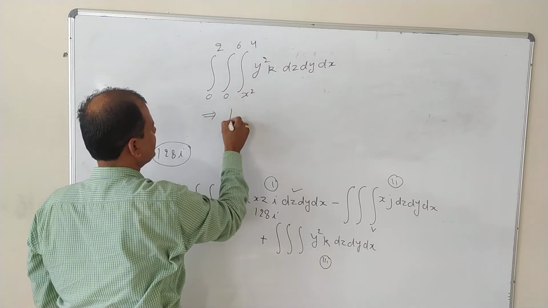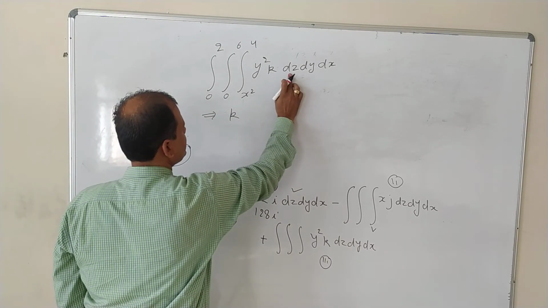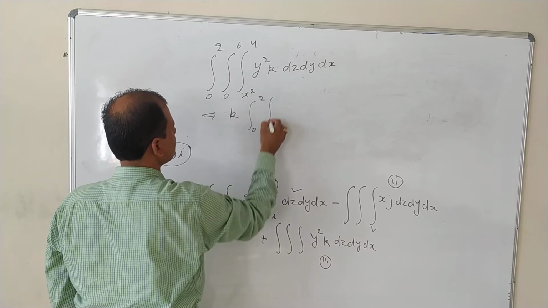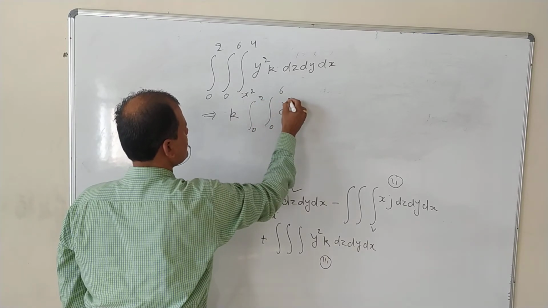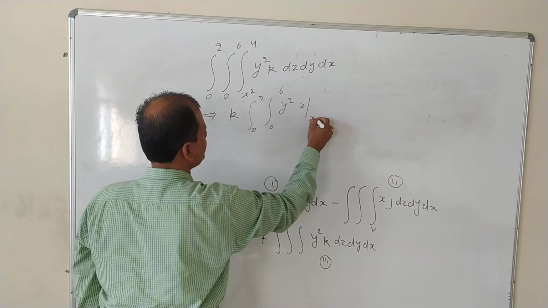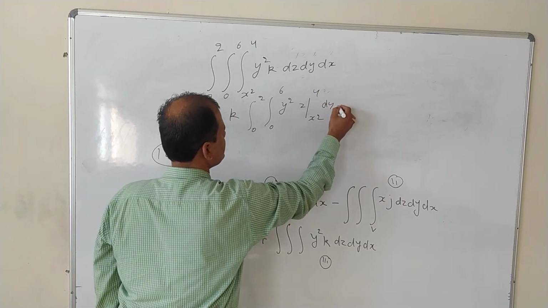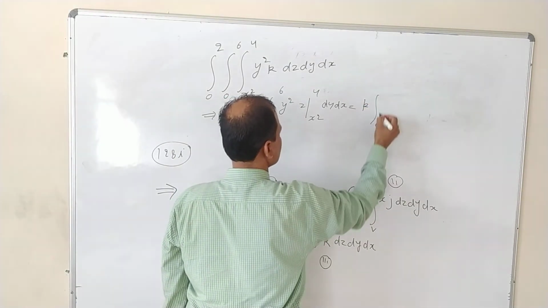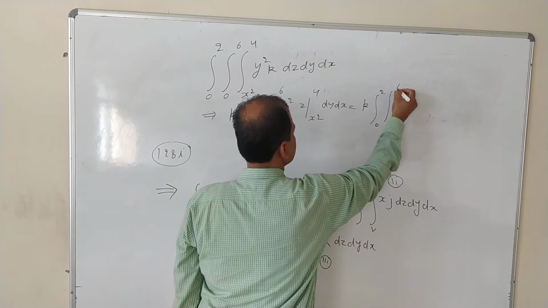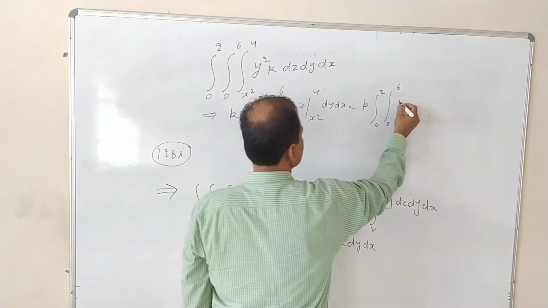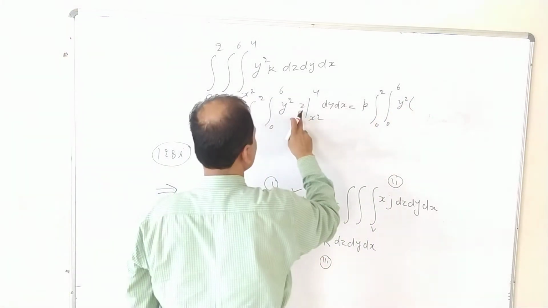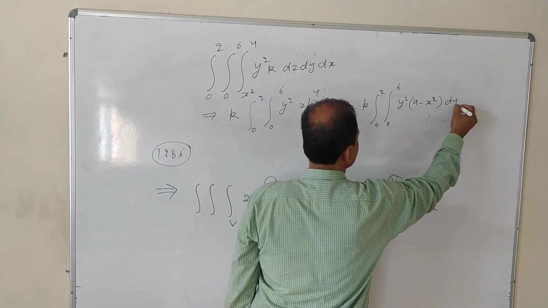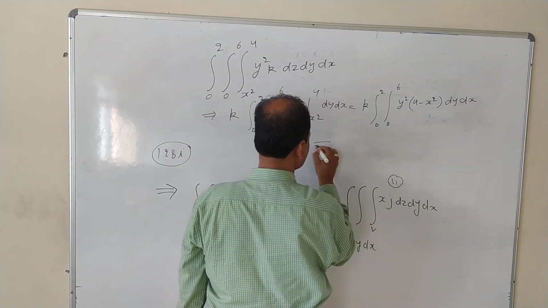Okay, so we get k, and if you integrate with respect to z here, y square is constant, so we get 0 to 2, 0 to 6, y square, and the z limit will be x square to 4 dy dx, fine. So again this will be k, 0 to 2 and 0 to 6, and we get y square into 4 minus x square dy dx, fine.